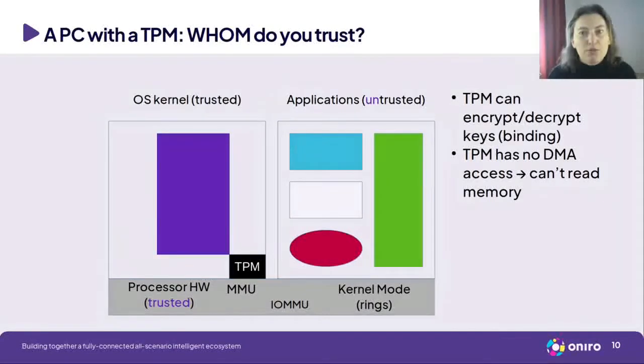There's an operation called binding, but it has no DMA, which means it cannot access any memory region in the system, so it cannot verify what you are running on its own. It relies on what the operating system or the running application tells the TPM. So it can be used, but there are some limitations, and the other of the two links gives you a little bit more information about that.